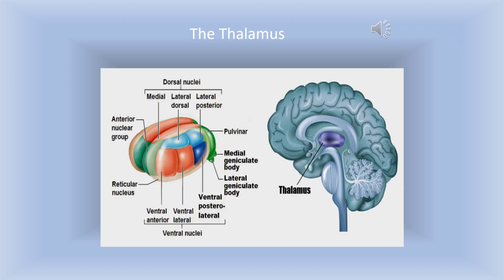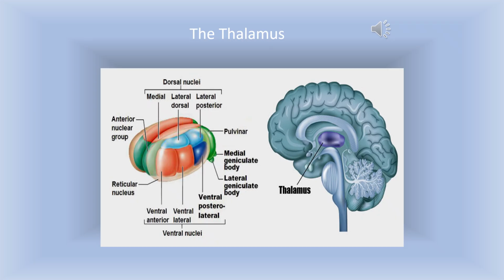So not just coming from below the neck, but also coming from the eyes, sensory signals coming from the tongue, sensory signals coming from the ear, hearing or equilibrium. Also, we'll have to route through the thalamus.